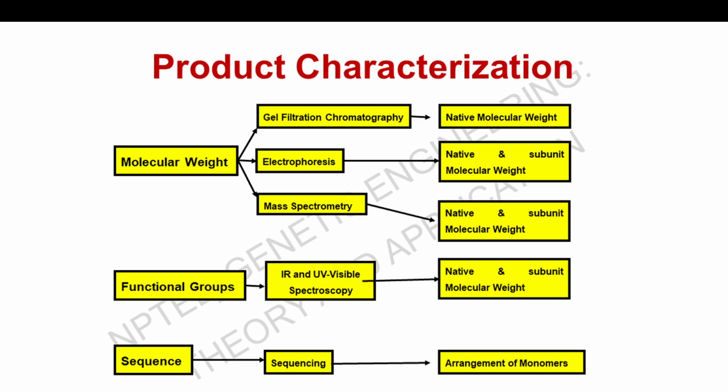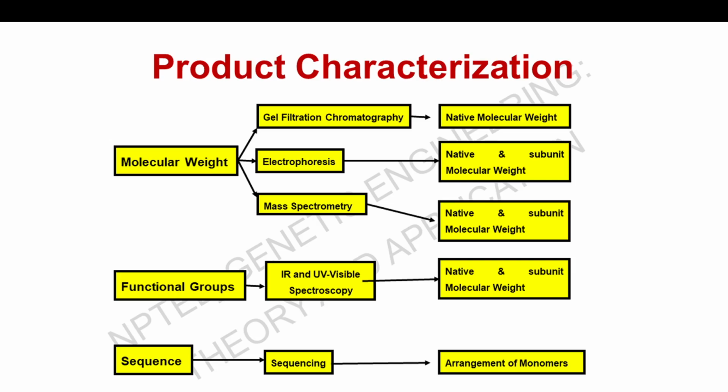But just by looking at the chromatogram, we won't be able to tell the exact molecular weight. So SDS-PAGE, native PAGE, and all those electrophoretic techniques will additionally help in characterizing the product of our interest.